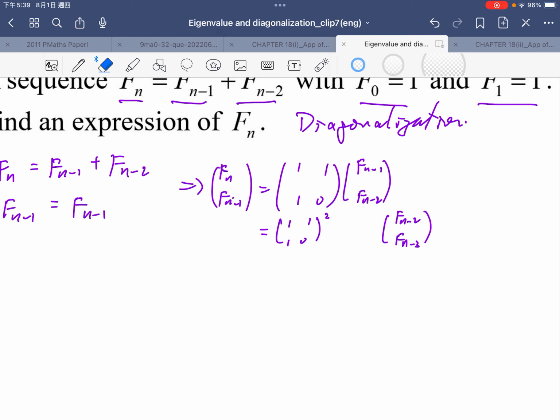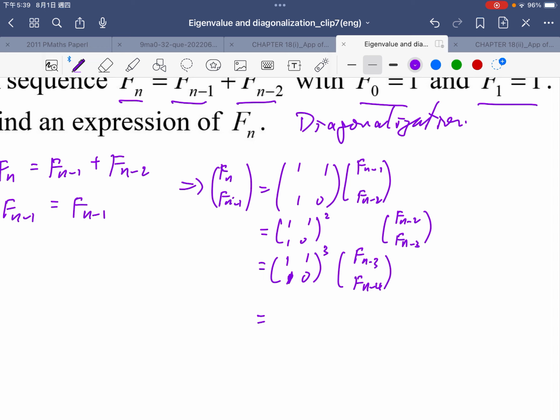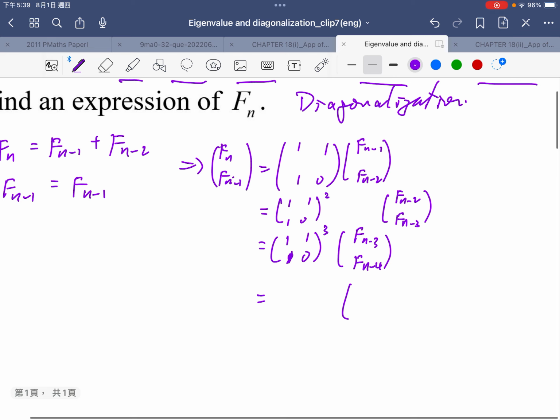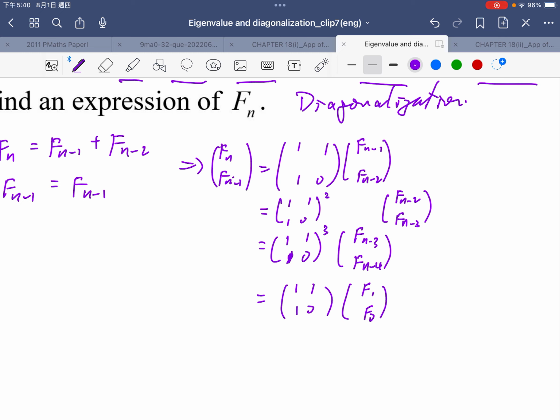Further, I can decompose a further step here, when the power is equal to 3, that Fn minus 2 becomes Fn minus 3 and Fn minus 4. Finally, if we go to the end of the sequence, this is F1 and F0, and the power should be n minus 1.